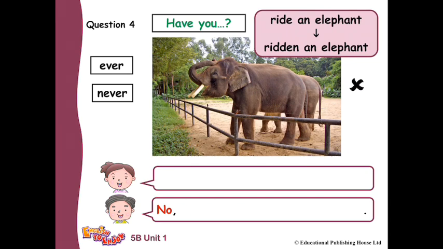Question 4. We can see a big elephant in the picture. Do you like it? Can you think of the question? Try it now. Here's the question. Have you ever ridden an elephant?